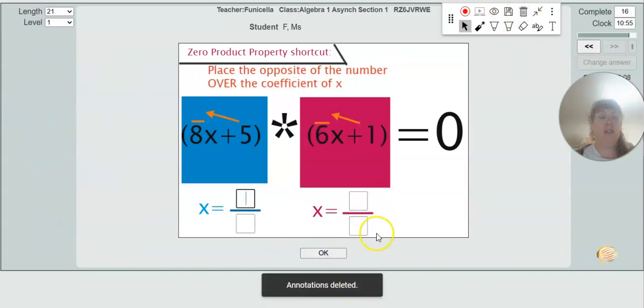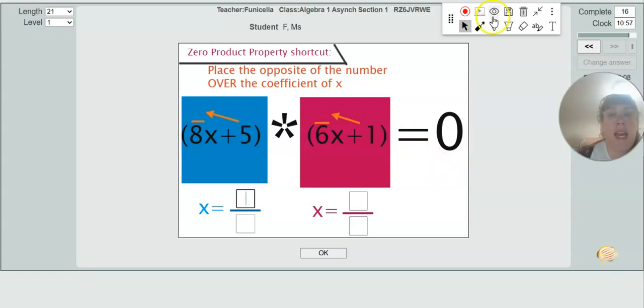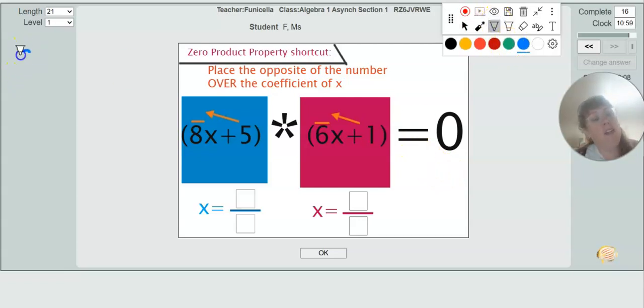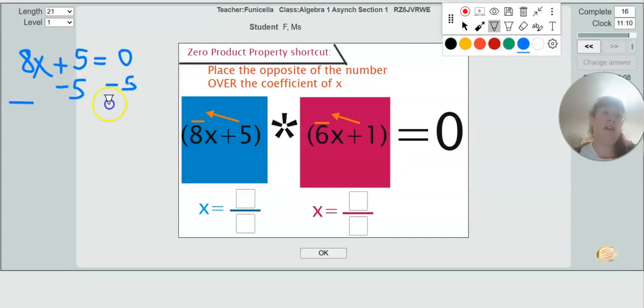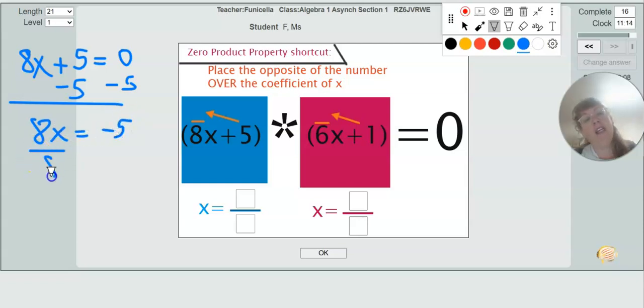Alrighty. 8x plus 5. Let's do this one out. So if we have 8x plus 5 times 6x plus 1, set each of the factors equal to 0. Subtract 5 on both sides to get 8x equals negative 5. And then divide by 8.